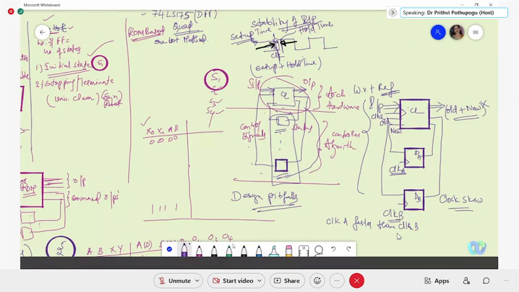Rather, what we can do is put a clock source that is common to these elements of your combinational logic, clock A and clock B, such that they are reaching at the same time. Because see here, physically, if you put on the circuit, say if I'm placing like this, say this is the source of clock, and from this I'm defining clock B and clock A, because these are wiring only, no?